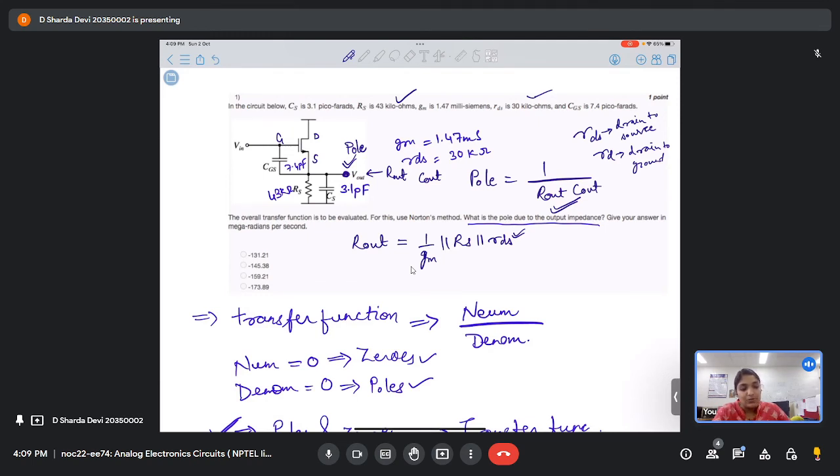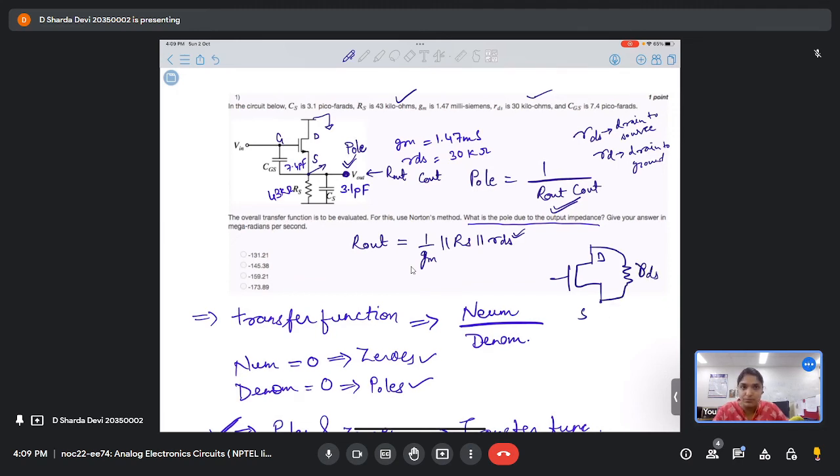If the source is connected to ground, then you'll see this resistance from drain to ground. Now, in our case, the source is not grounded, but the drain node is AC grounded and the source is a floating node. So let me show you. This is drain, and this is source. RDS is somewhat like this, this is your RDS resistor.